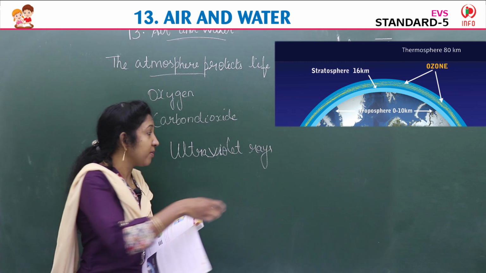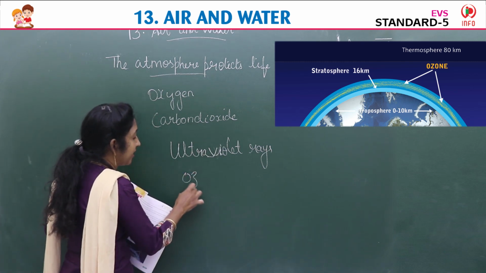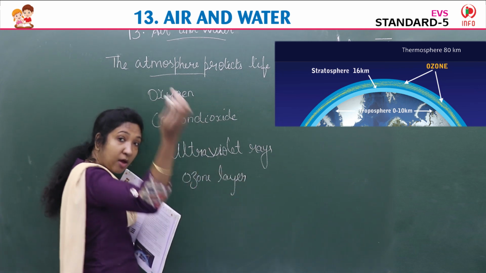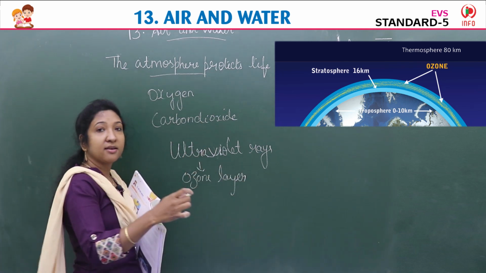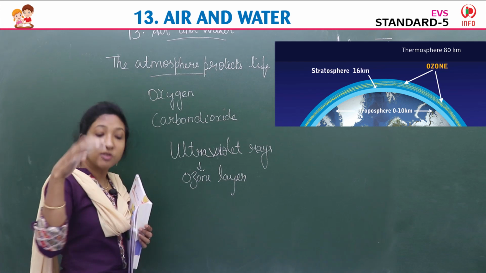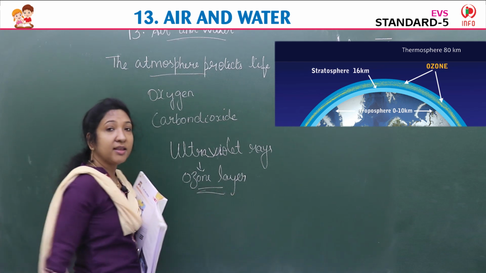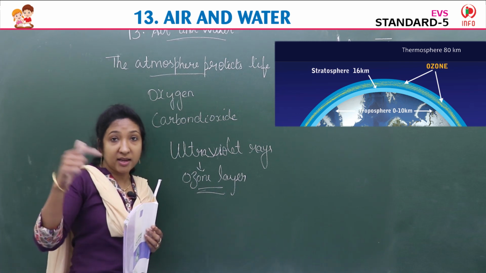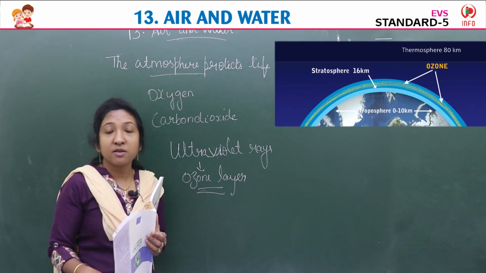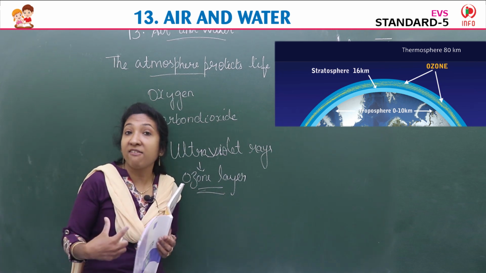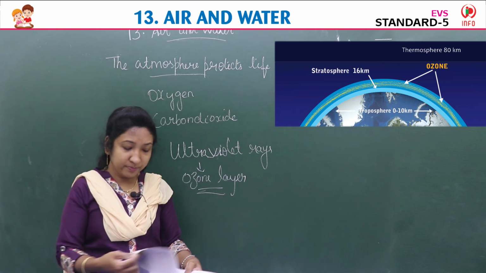Thanks to the ozone layer, because it is absorbing all these UV rays, they are not reaching the earth. This ozone layer we can find in the stratosphere, one layer of the atmosphere. So in this way, the atmosphere is protecting our life.